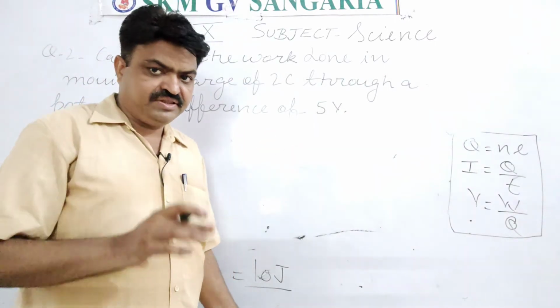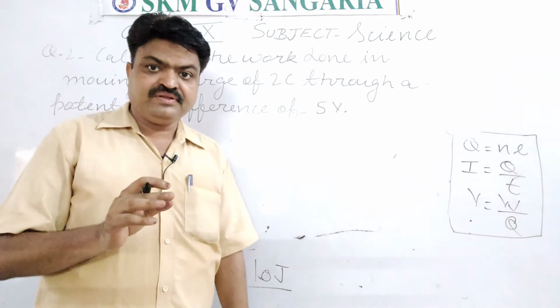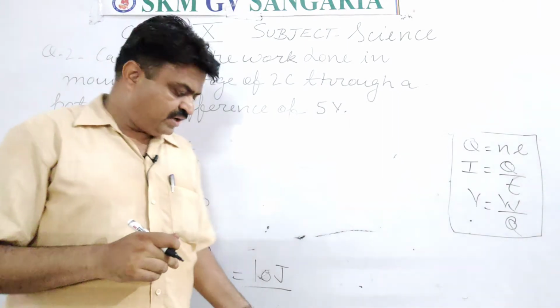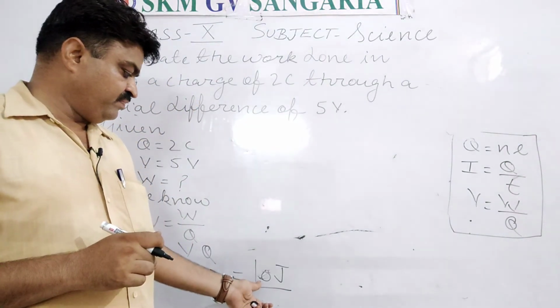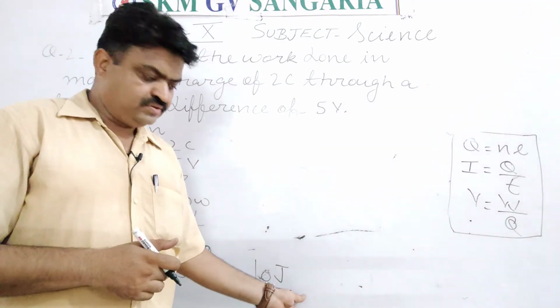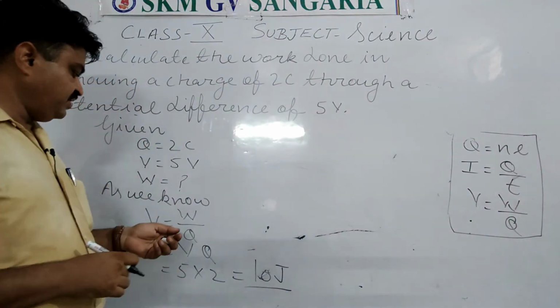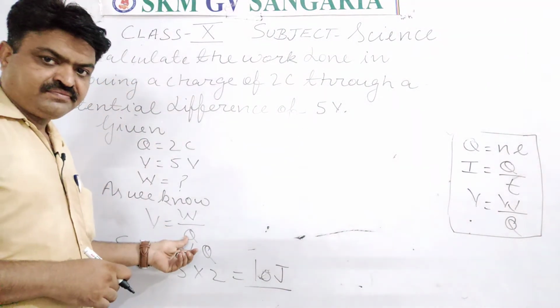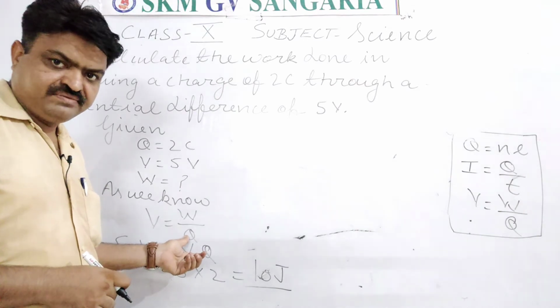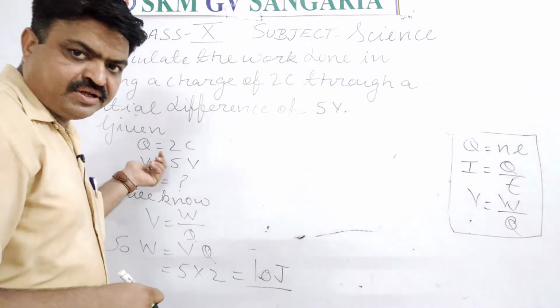And always with the answer, what should you do? You should write the SI unit. Like what is the unit of work or energy? It is joule. So J I have written here. Like this, what is the unit of charge? It is Coulomb, C. What is the unit of electric potential?